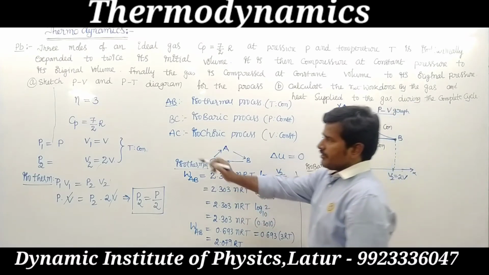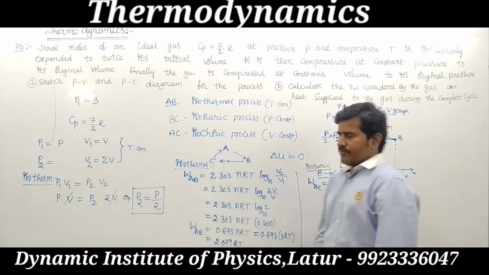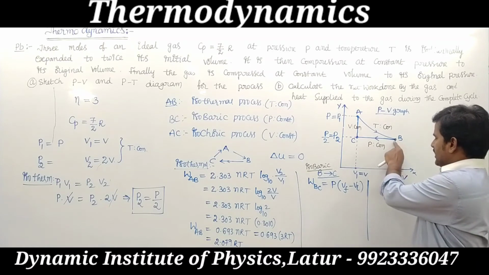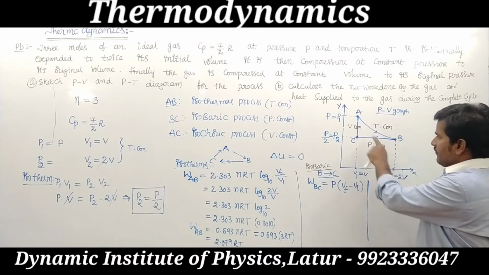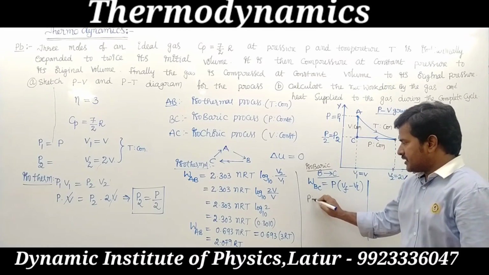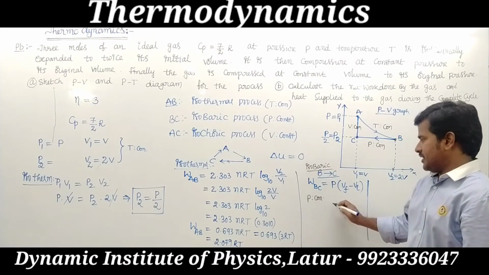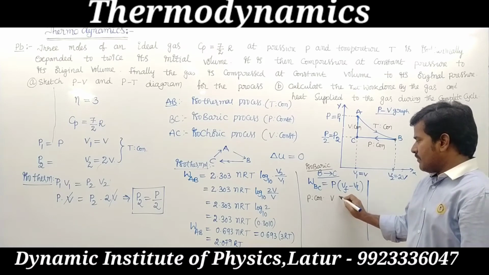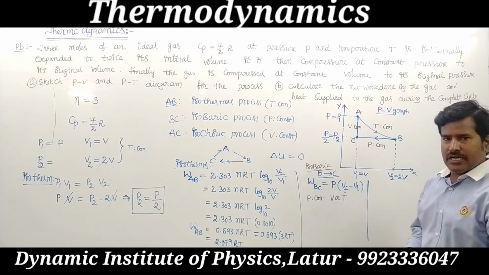But here, what is the volume? Initial volume is 2V, and final volume is V. At constant pressure, volume and temperature are directly proportional.